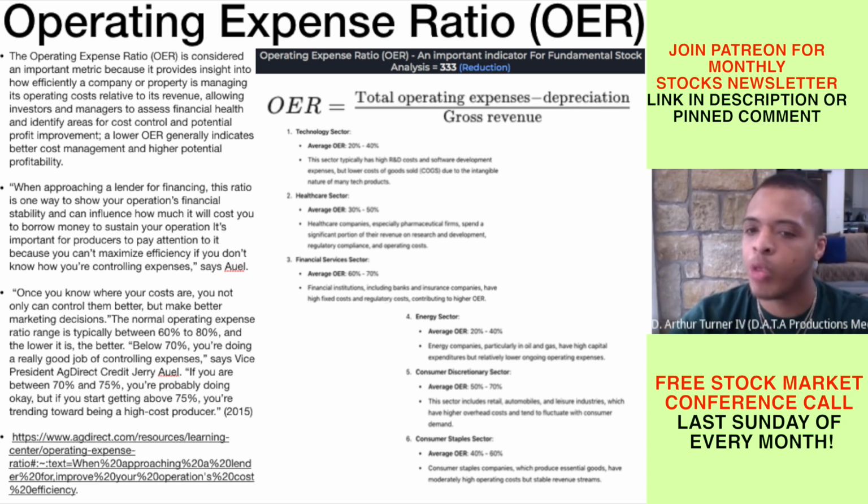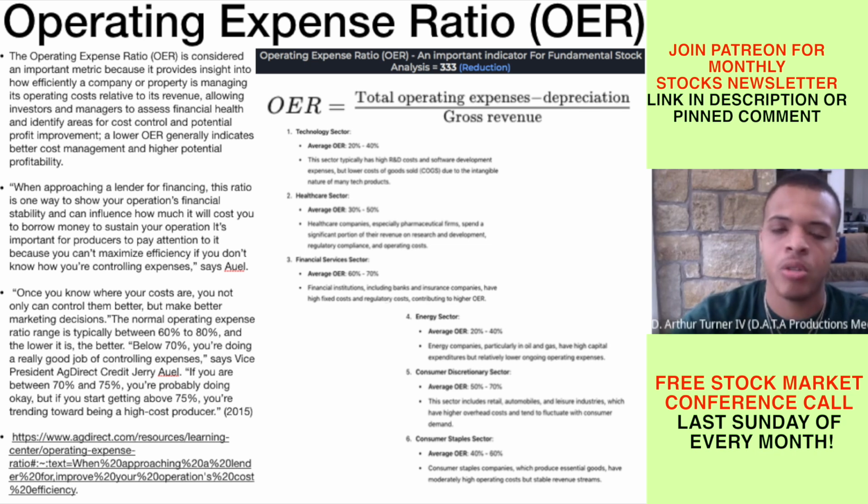This sector includes retail, automobiles, and leisure industries, which have higher overhead costs and tend to fluctuate with consumer demand. Consumer staples sector has an OER of 40 to 60%. Consumer staples companies, which produce essential goods, have moderately high operating costs, but stable revenue streams. So those are the first six.